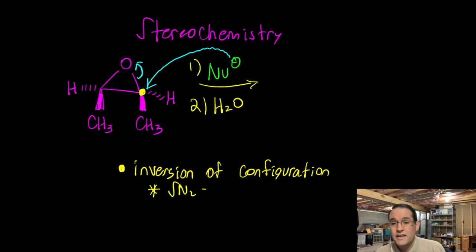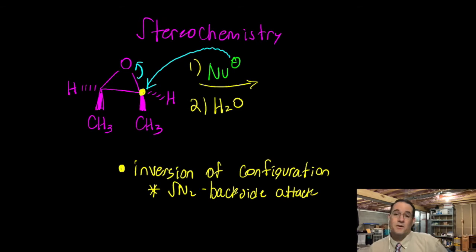Now remember that in SN2 reactions, you have backside attack. The nice thing about epoxides is that we draw the oxygen-carbon bond, generally speaking, in the plane of the board, as I have here.